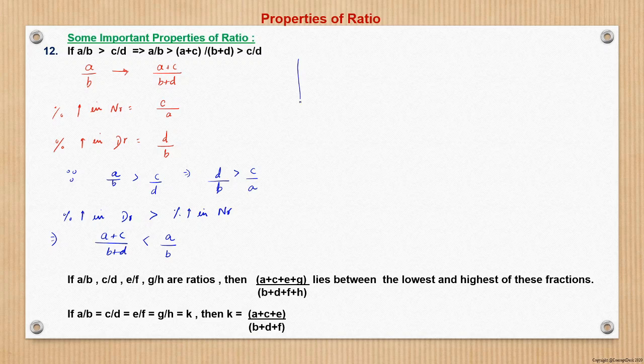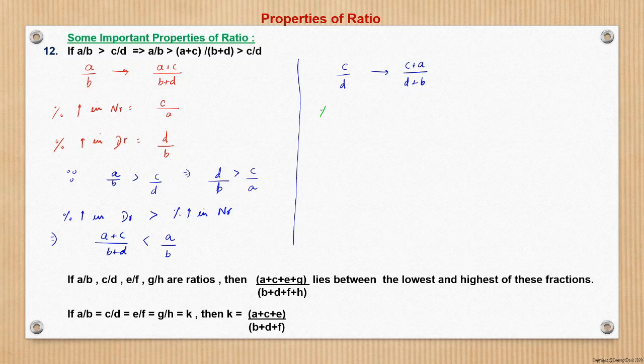Now similarly we'll see the second part. What is the second part? We have to see the relation between c by d and (a plus c) upon (b plus d), right?